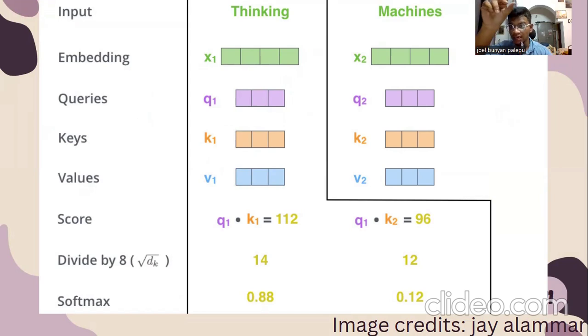So for each query vector of one time point, we get the dot product, in the correct mathematical terms, of the query vector at a specific time point with the key vectors of all the other time points, the other x values.